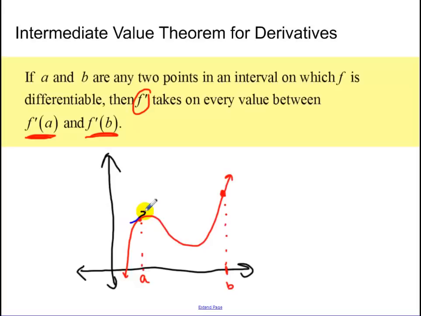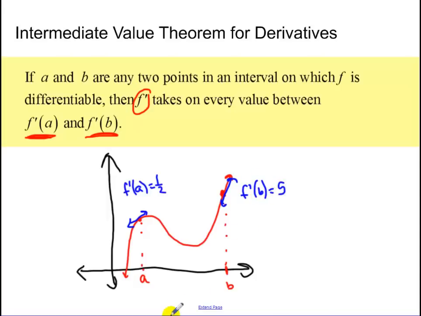Let's say the slope, or f prime of a, is something positive. Let's say it's 1/2. And at b, oh wow, that's a really steep value. F prime of b, I'll say that's something like 5.